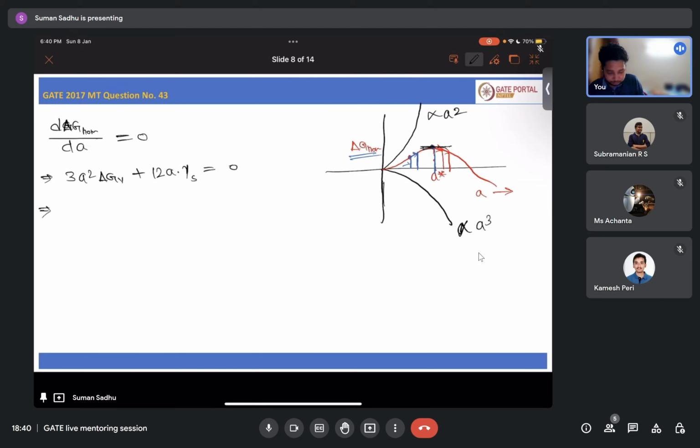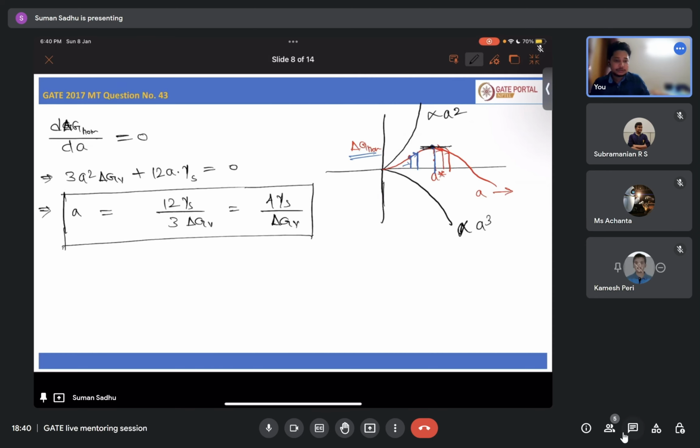Now you can write a is equal to 12 gamma s by 3 delta GV, or 4 gamma s by delta GV. This is the expression you should get.